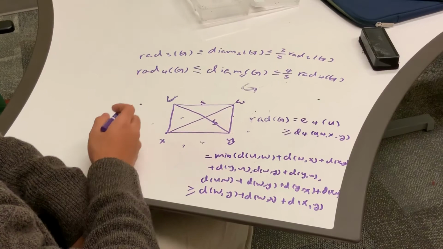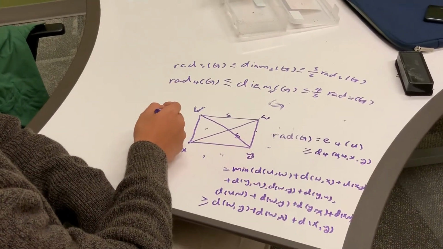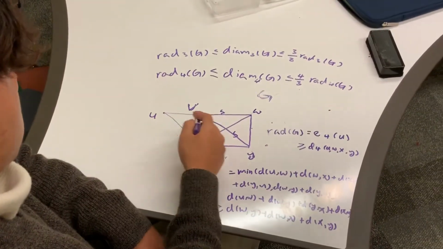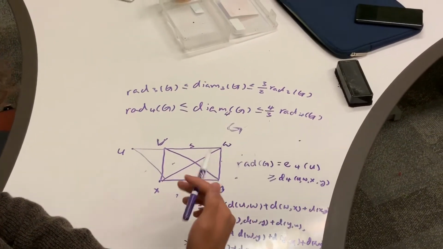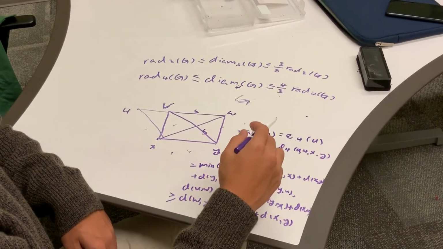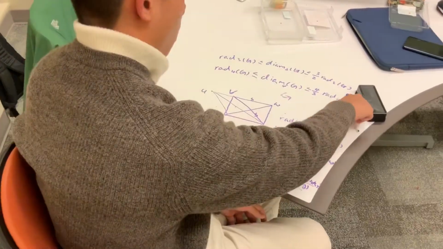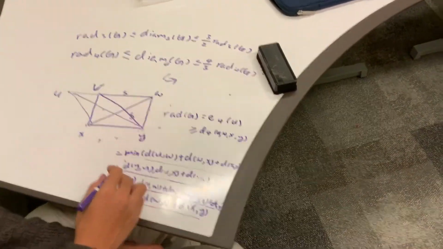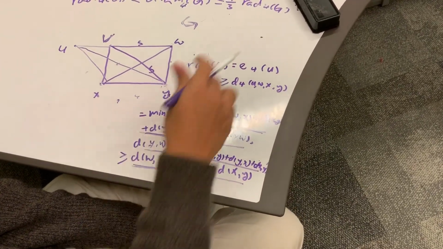So let's say we have a vertex U right here, and then the minimum distance, if you connect U to all the other vertices, you'll get the radius of the graph G, and that equals the eccentricity of U. And then we can rewrite d4 uwxy as the minimum distance of this, which I'll show you in the graph.